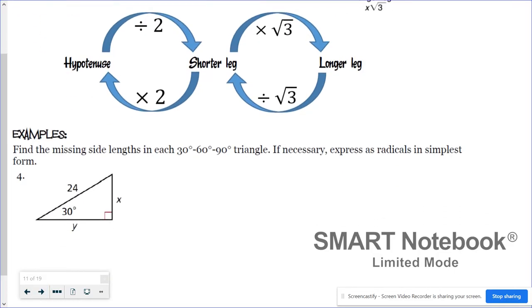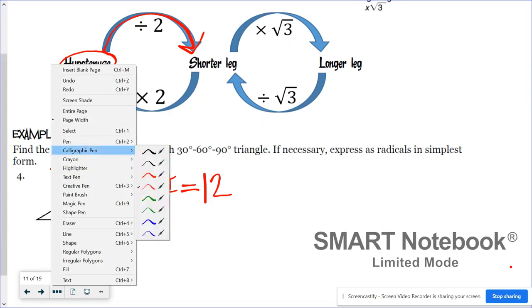In problem number 4, this is the triangle we're working with. Notice we are given the hypotenuse, so I can divide by 2 to get the shorter leg, x. Taking the hypotenuse, 24, and dividing by 2, the shorter leg here is 12.